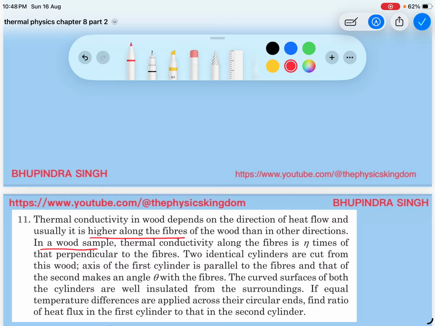In a wood sample, thermal conductivity along the fiber is eta times that perpendicular to the fibers. It means for wood they are considering two directions, one along the fiber and the other perpendicular to the fiber. Along the fiber, thermal conductivity is eta times that in the direction perpendicular to the fiber.